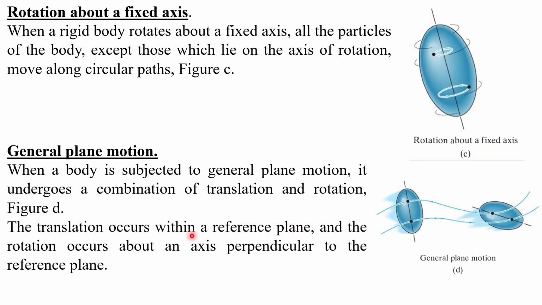The translation occurs within a reference plane, and the rotation occurs about an axis perpendicular to the reference plane. So this is the axis of rotation, and this axis of rotation is perpendicular to the XY plane.